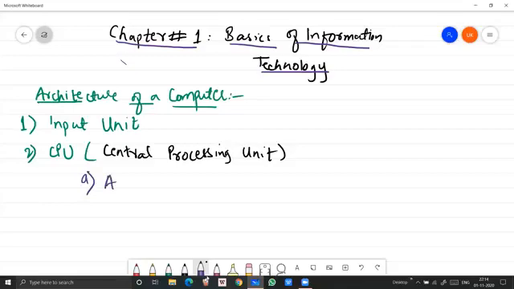Number 1 is arithmetic logic unit. Second one is your control unit.